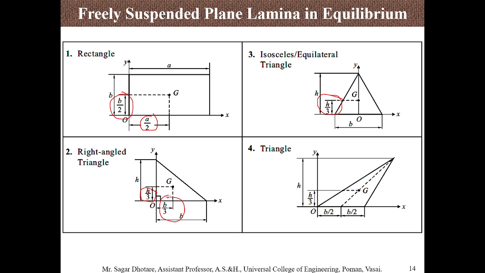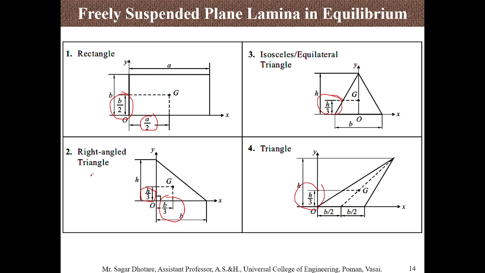For the triangle, you need to understand the difference between an equilateral triangle or isosceles triangle, a normal triangle, and a right angle triangle. In the equilateral and normal triangle, the value of x is equal to 0 and y is equal to h by 3.